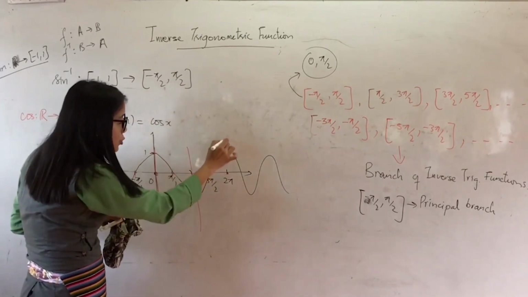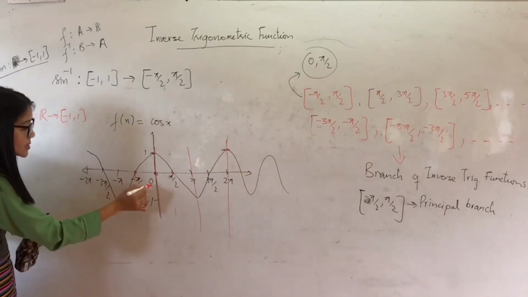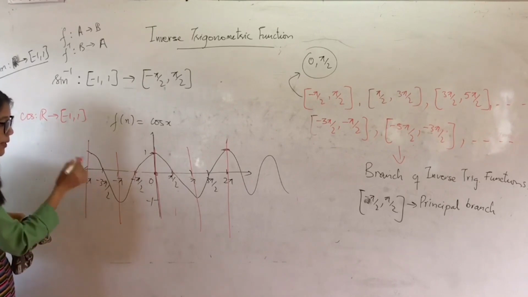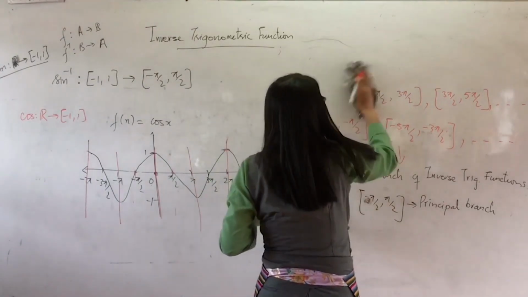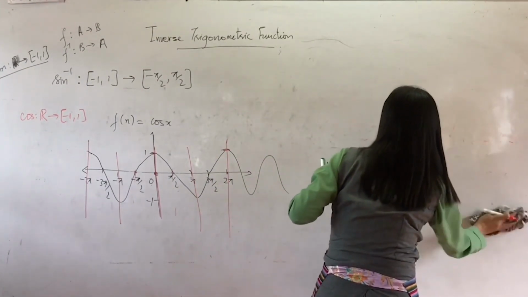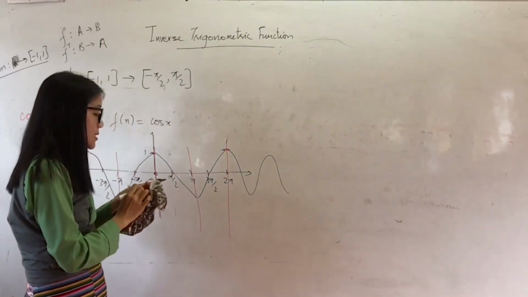Similarly, pi to 2 pi, right? And on this side, 0 to -pi, -pi to -2 pi. So these are the restricted intervals to define cos inverse. So you can write this. What are the branches you get? Try to list out.